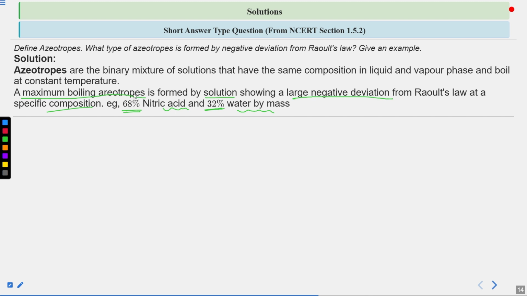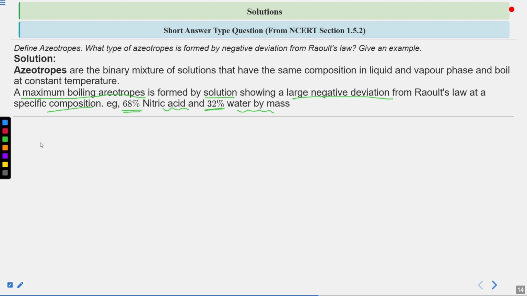The maximum boiling azeotrope is formed by a large negative deviation from Raoult's law at a specific composition. An example is 68% nitric acid and 32% water by mass. So this will be the explanation, or you can add more points as per your choice. Like this you can answer the question.